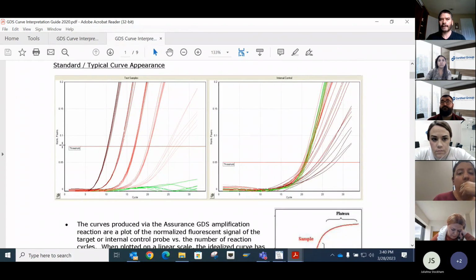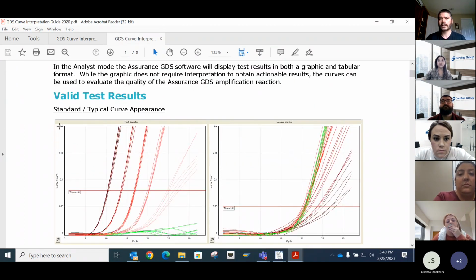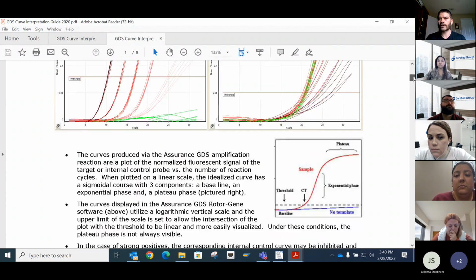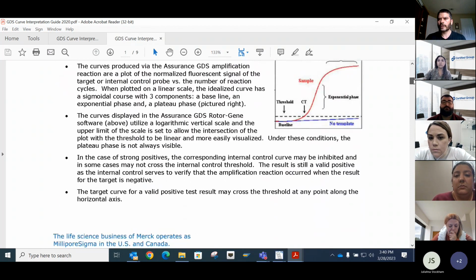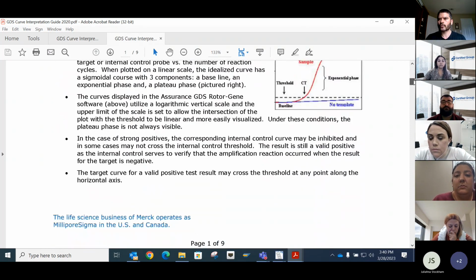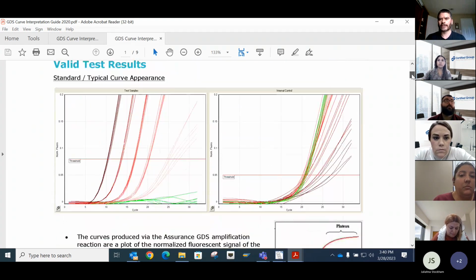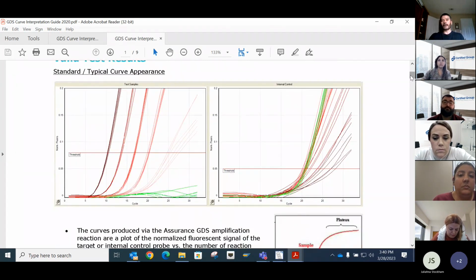If you look over here to the left, you see a normalized fluorescence, the fluorescence level. The plateau phase within GDS actually occurs above what we limit the fluorescent range to. So with GDS, the only portion you see is the exponential phase. You will not see the plateau phase in any of your graphs.